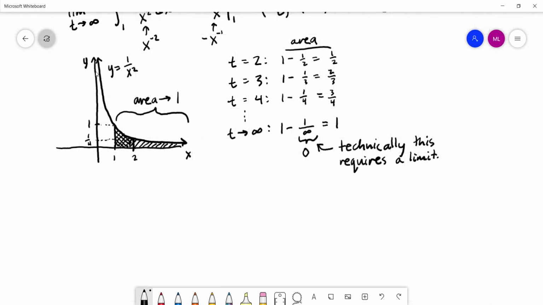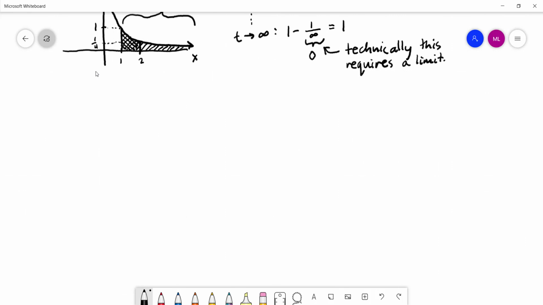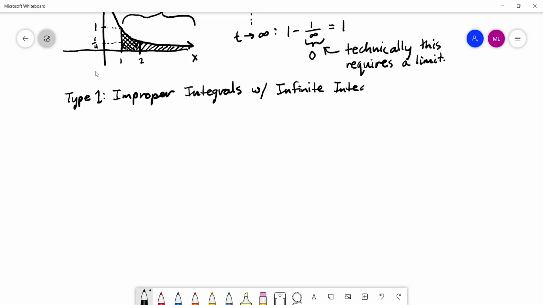Based on this intuition, let me give you some of the rules we're going to use. So again, this is our type 1, and type 1 is essentially improper integrals with infinite limits of integration, or integration limits.